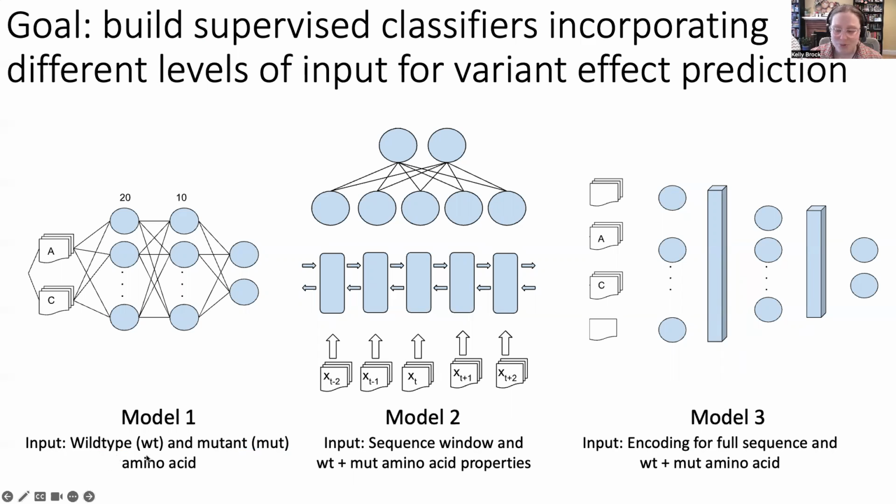The first model is only going to take in what the original, called the wild type amino acid was, and what that particular amino acid is mutating to. The second model takes in a little bit of information about the surrounding protein sequence around where that particular missense variant is located. And finally, for our third model, we're going to put in a particular encoding of the full length of the protein sequence, along with information about what that missense variant is.